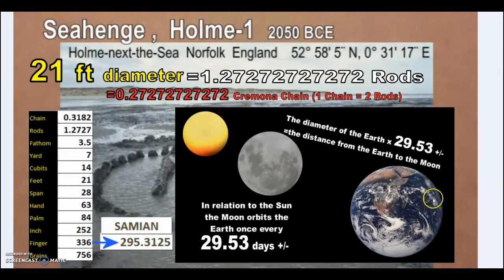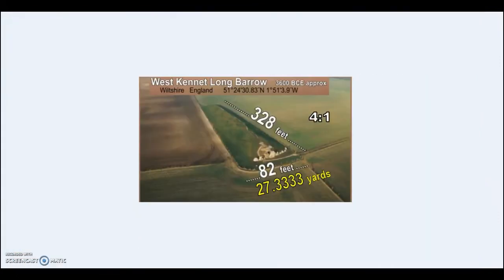So if we multiply the diameter of the Earth times 29.53, or including 125, it gives us the distance from the Earth to the Moon, in the same way that multiplying the diameter of the Moon by 108 gives us the distance from the Moon to the Earth. So again, it's these little things, these little harmonies just keep blending in.